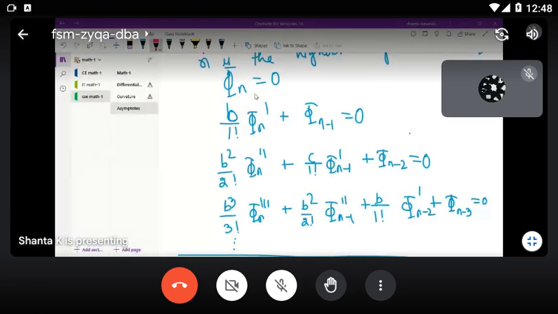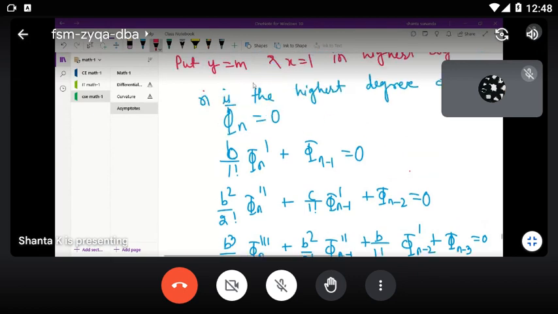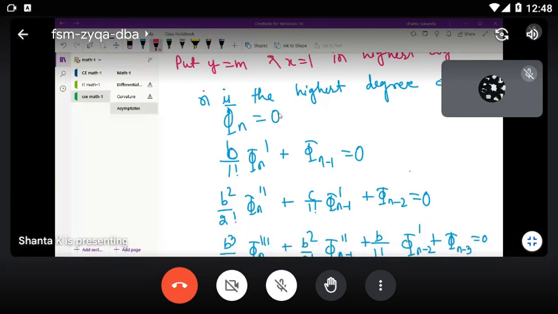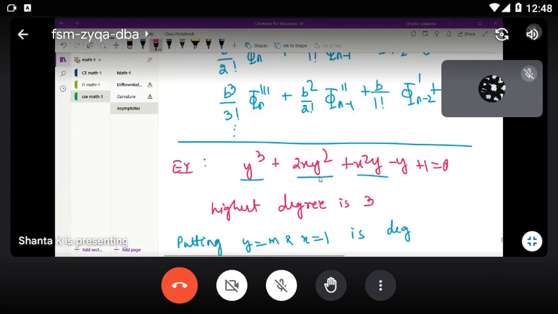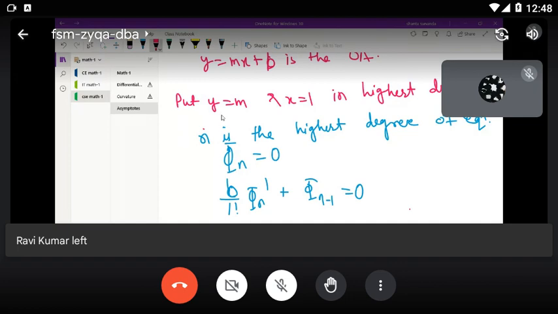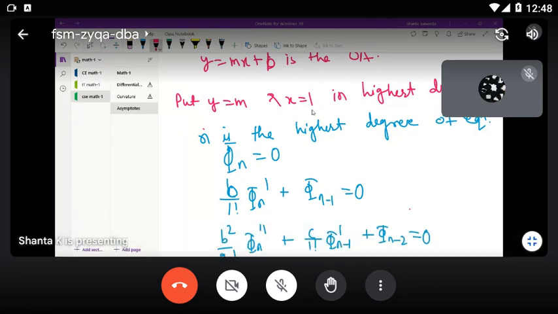See, phi n means we are considering only the terms having the highest degree, if n is the highest degree, and there we substitute y equals m and x equals 1. When I write phi n minus 1, it means in the original equation all the terms having degree n minus 1, and there we substitute y equals m and x equals 1.